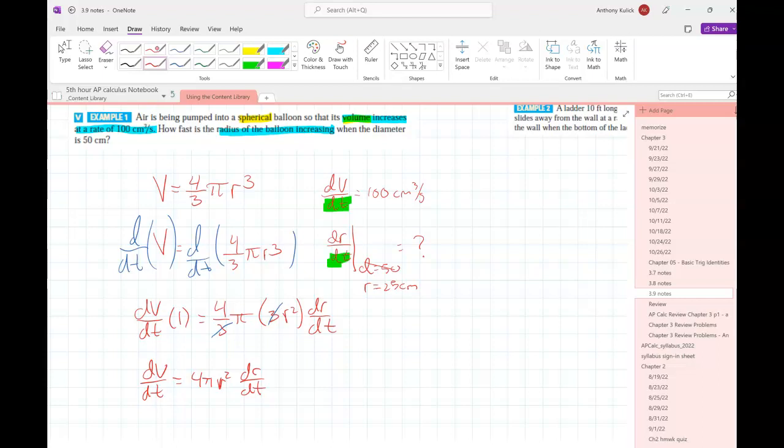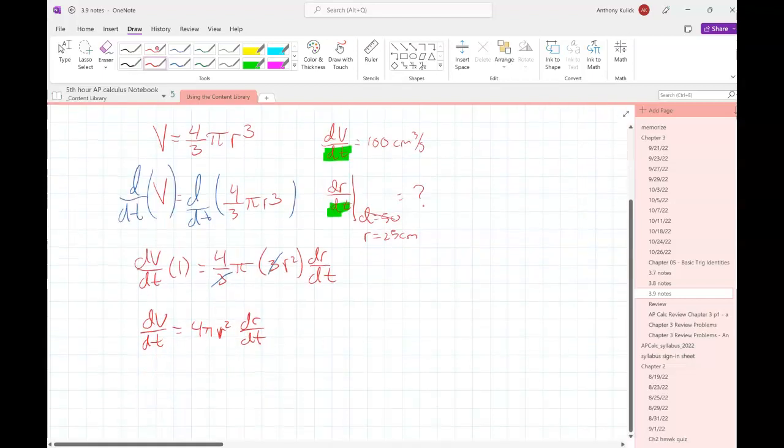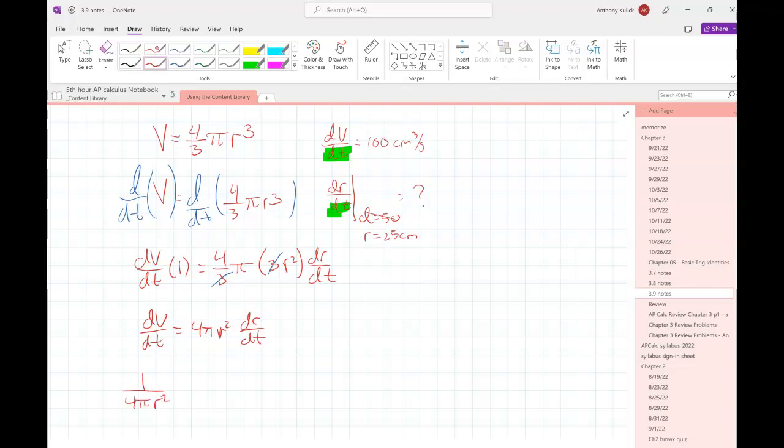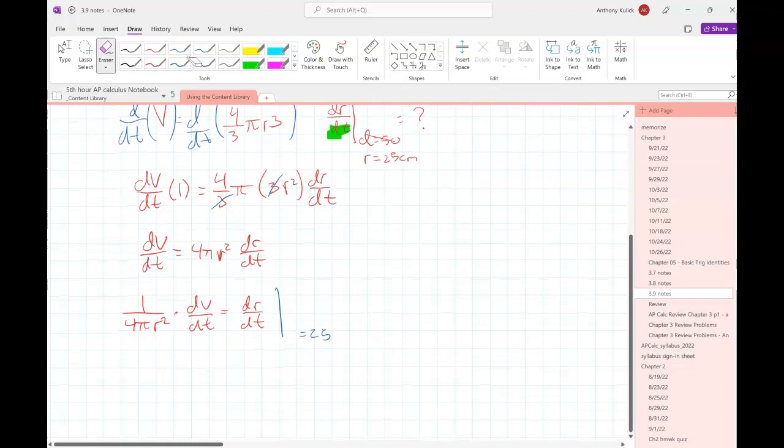So to get the dr/dt by itself, we'll just divide both sides by 4 pi r squared. And now, if I want to evaluate this when the radius is 25, I'm just going to plug that in.